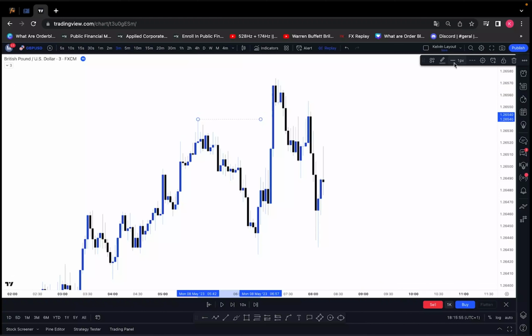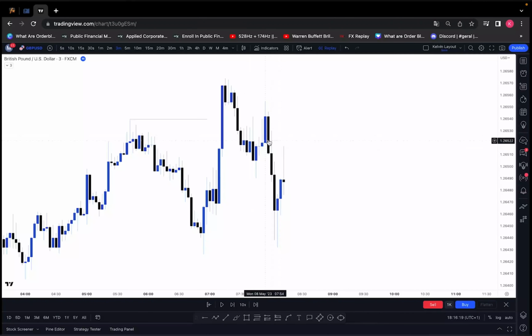So let me just use the line right here. So this was the Asia high, and I said, okay, I want to see the break above this Asia high, and then I want to see the confirmation right here, right? That the reversal. So Frankfurt kicked in, it grabbed Asia high, right? So we had a liquidity raid right here. So I said, okay, I want to have that confirmation for London session right here.